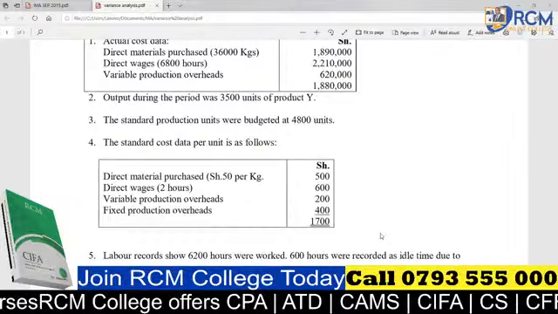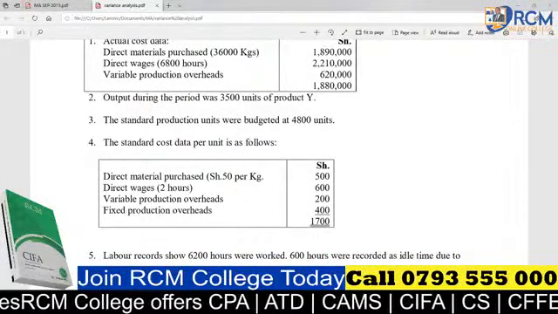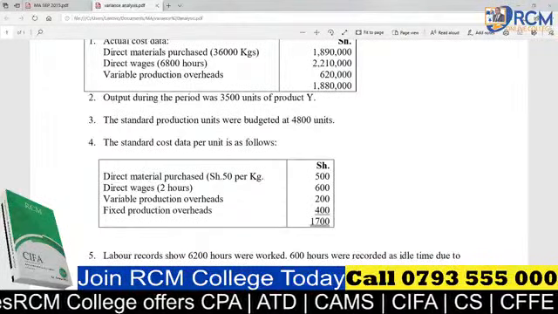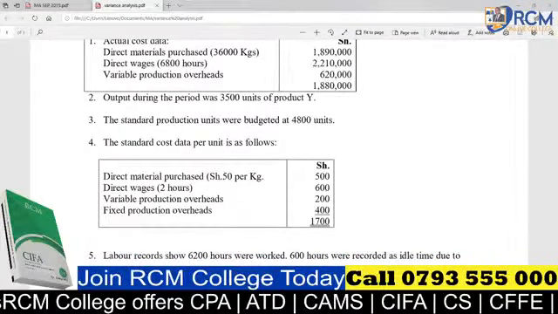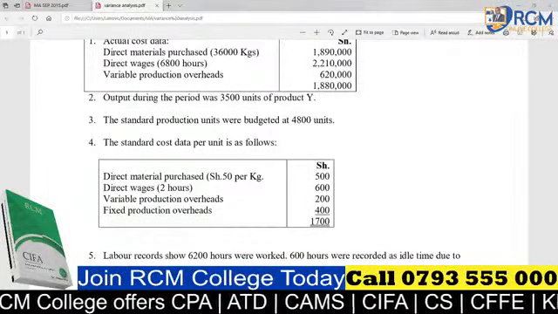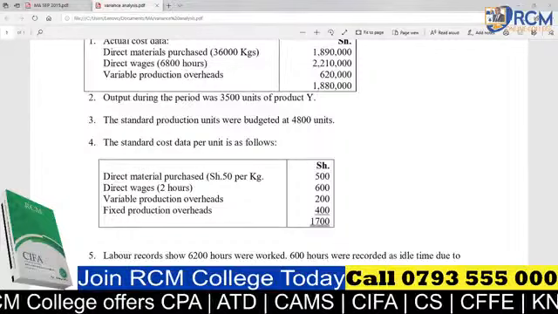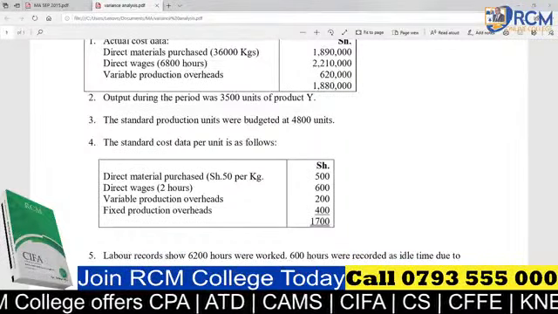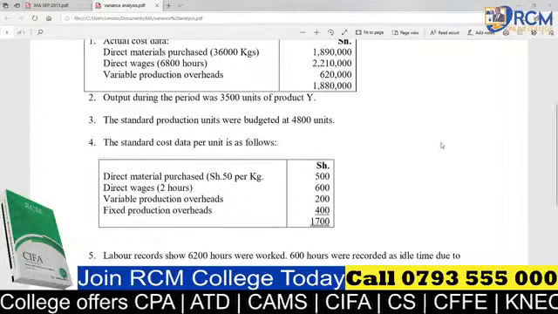For now, I can see the materials from the standard card: shillings 50 per kilogram, whose total is shillings 500.